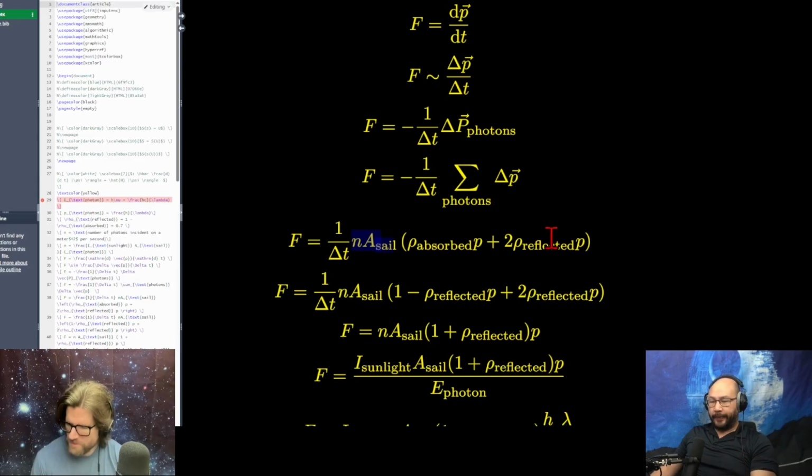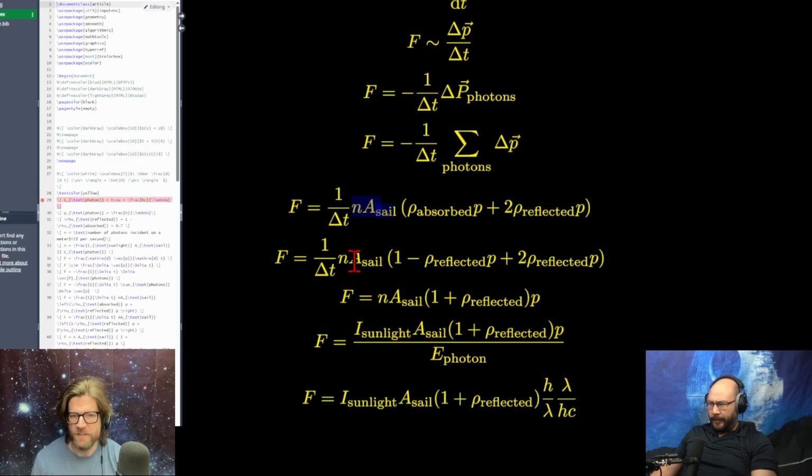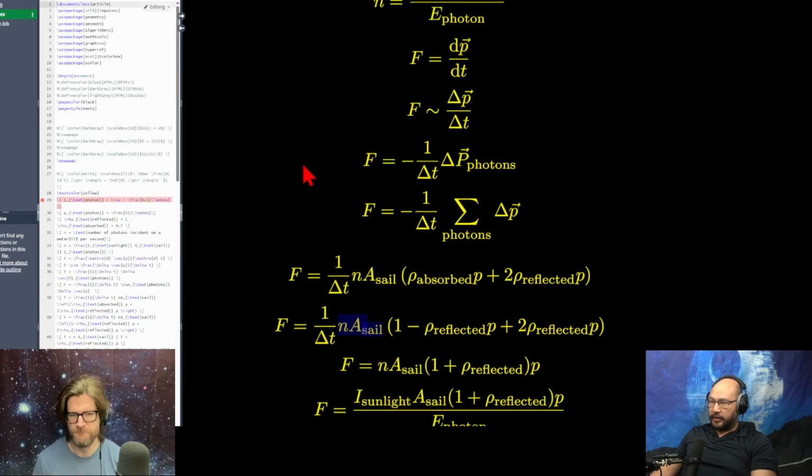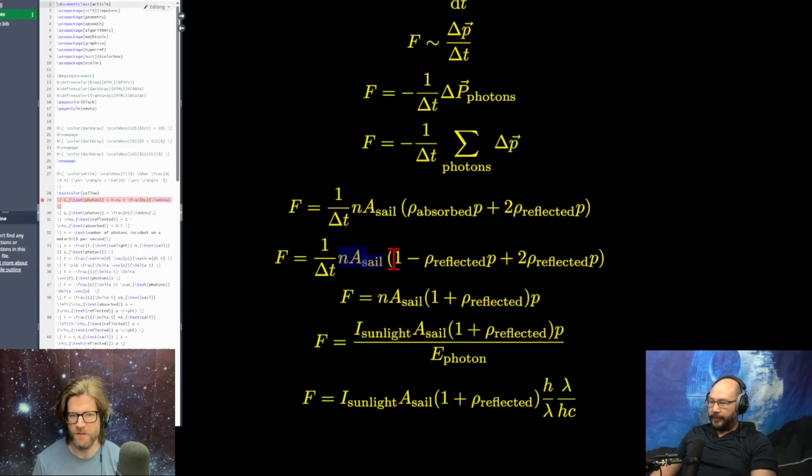So n times the area of the sail: we defined n as the number of photons incident on a square meter per time. So n times the area is the total number of photons per time on the area of the sail. And then, what's going on with my delta t? I think the delta t needs to go away. Why does it go away?